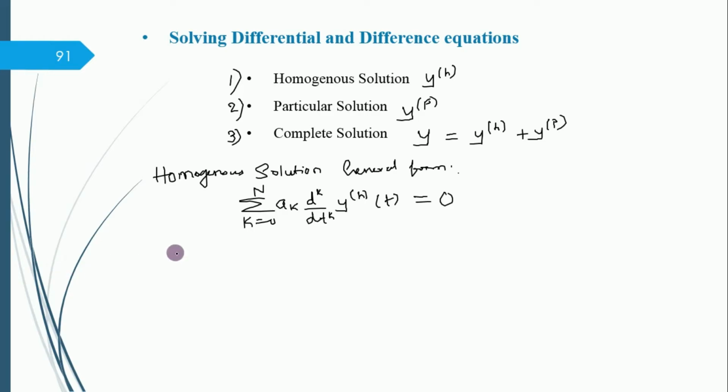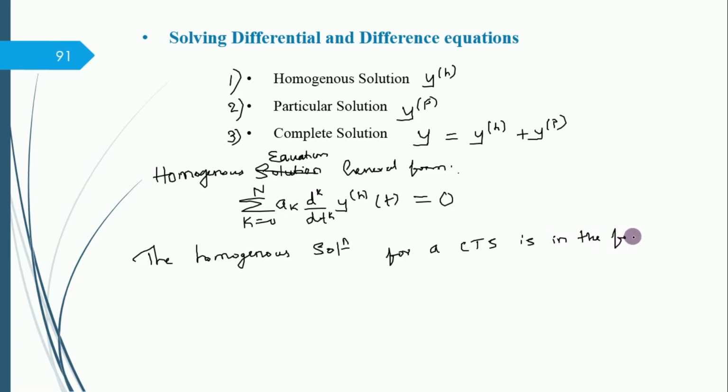In this case, this is actually the homogeneous equation. I could have written it as equation. The homogeneous solution I will be writing now. The homogeneous solution for a CTS, which stands for continuous time system, is in the form y h of t is equal to summation i is equal to 1 till n c_i e raised to r_i t.